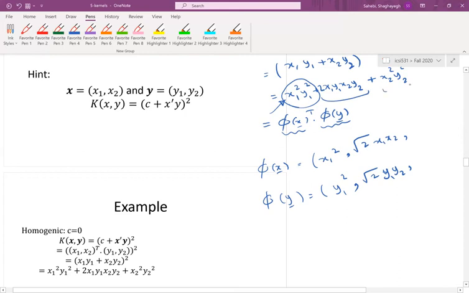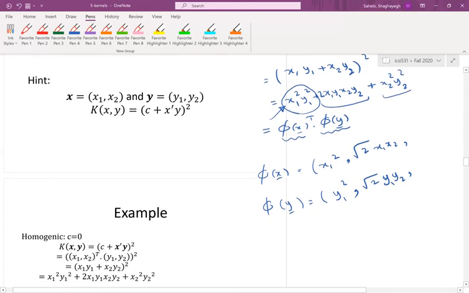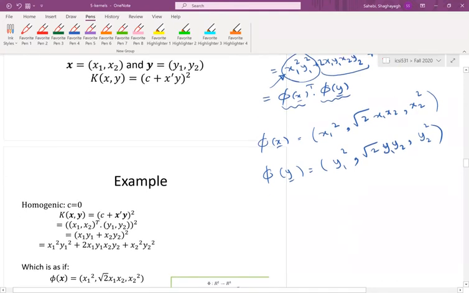And for the third new dimension or third feature in the feature space, if I have x2 squared for x and y2 squared for y, symmetrically, I'm going to get to the third feature when I multiply phi of x and phi of y, right?